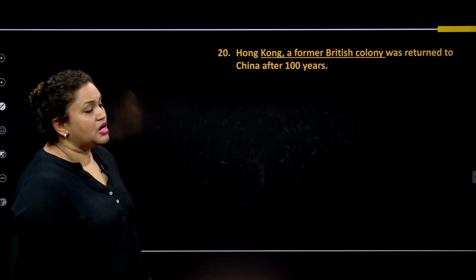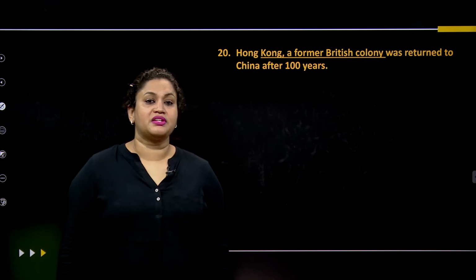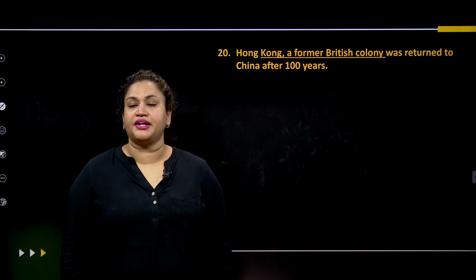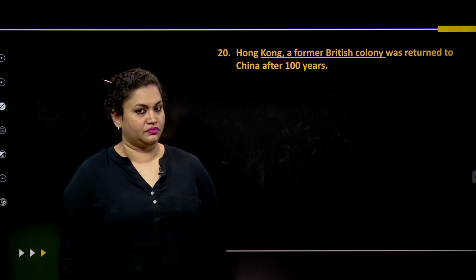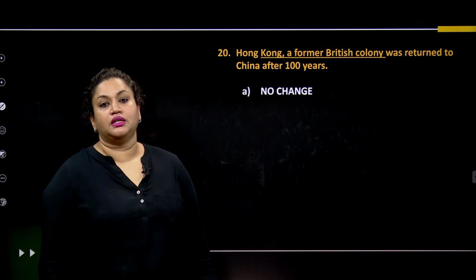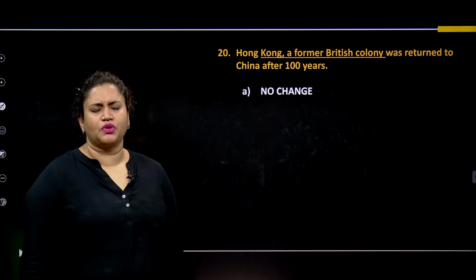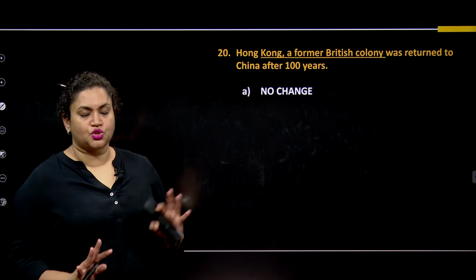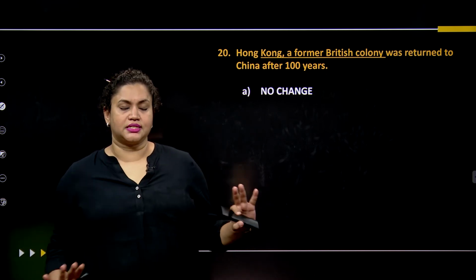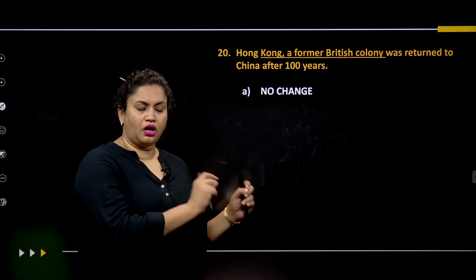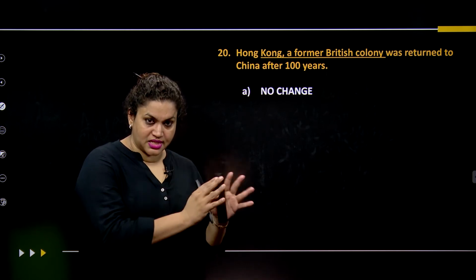Hong Kong, a former British colony, was returned to China after 100 years. Just think, what is it that is wrong in this sentence? Hong Kong, understood, that is a subject.